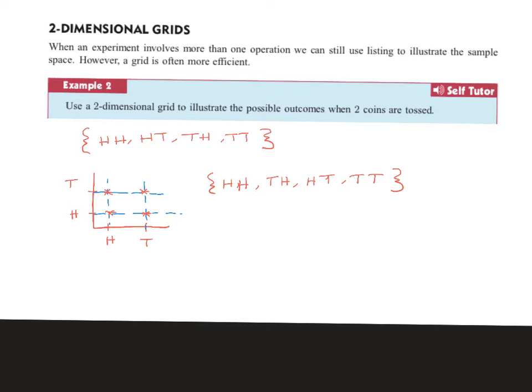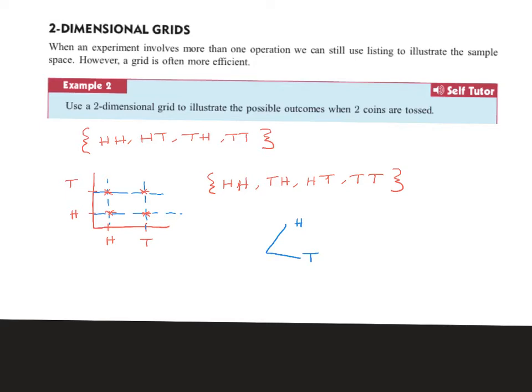Another way that we can come up with possible outcomes in an experiment that involves more than one operation is through a tree diagram. And you'll see that tree diagrams are extremely useful for us in the future. So I'm going to toss a heads, and then I'm going to toss a tails.